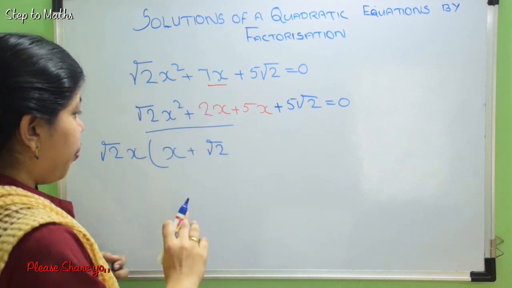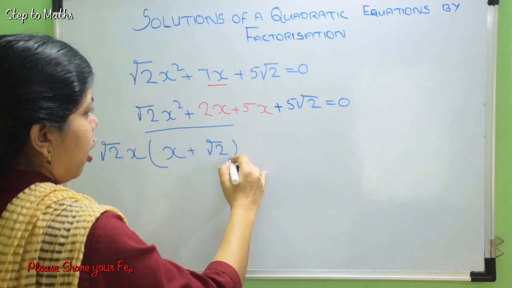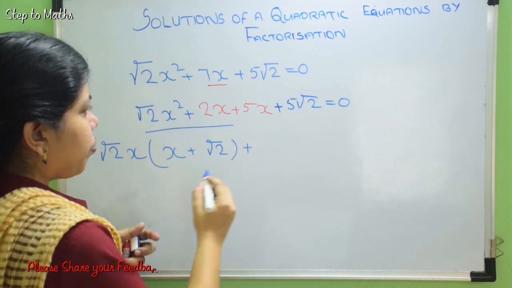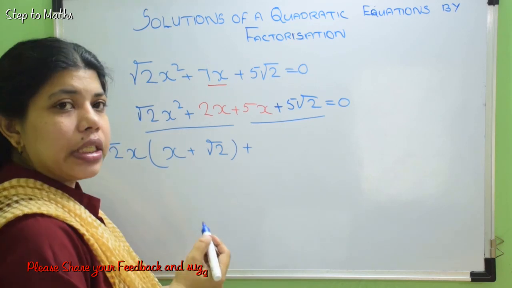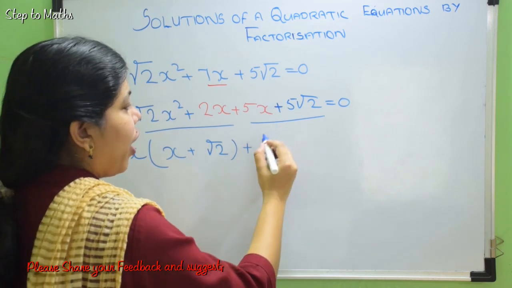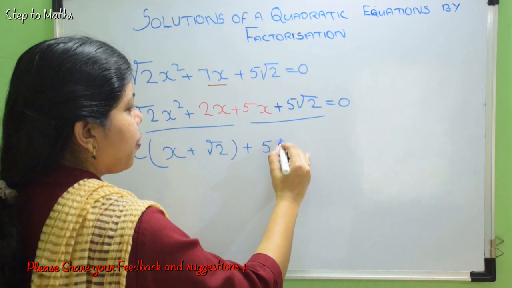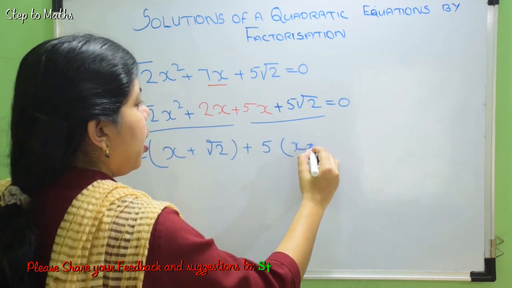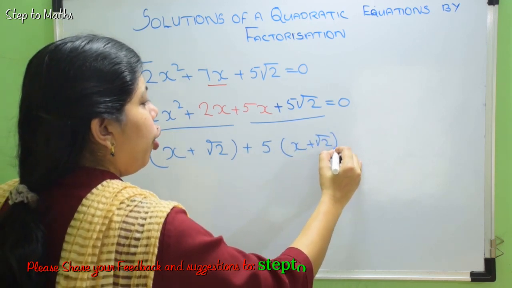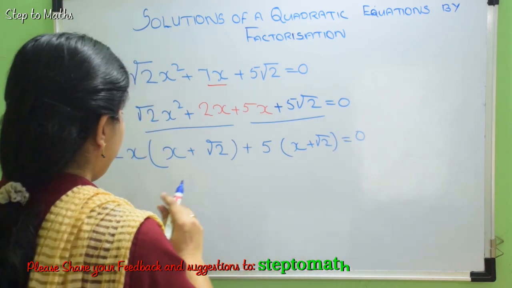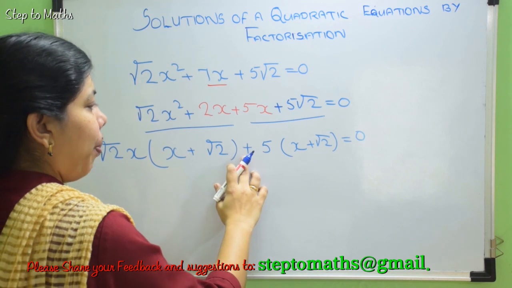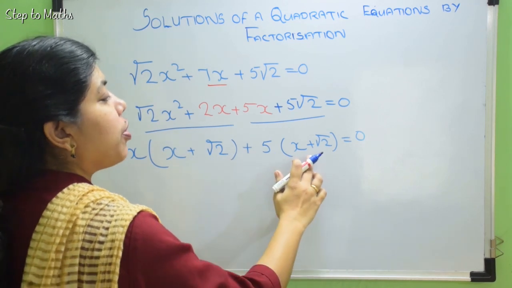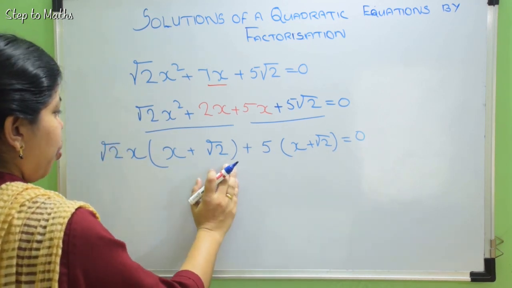Next consider these two terms, 5x plus 5 root 2. Here 5 is common, so we can write it as 5 into (x plus root 2). So root 2 x into (x plus root 2) plus 5 into (x plus root 2) is equal to 0.